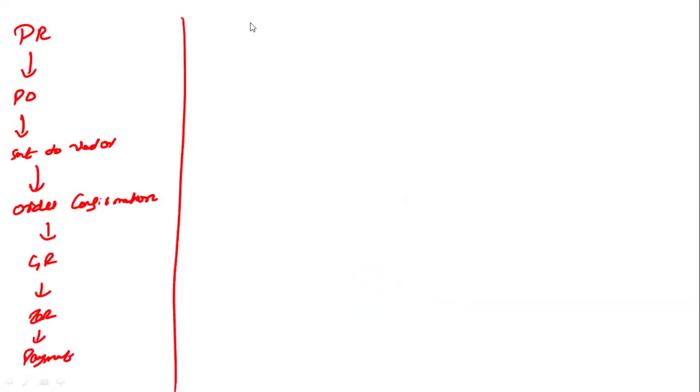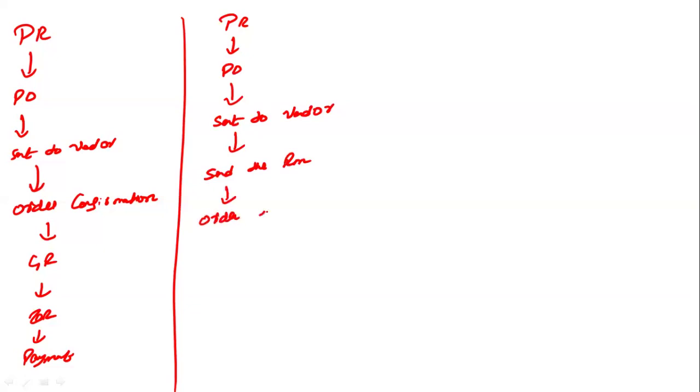And if I sketch for subcontracting, what happens? Here you also create a PR. You convert that to PO. And when you convert that PO, you're sending the PO to vendor. Along with sending the PO to vendor, you are also going to send the raw material. You receive the order confirmation and you receive the goods.